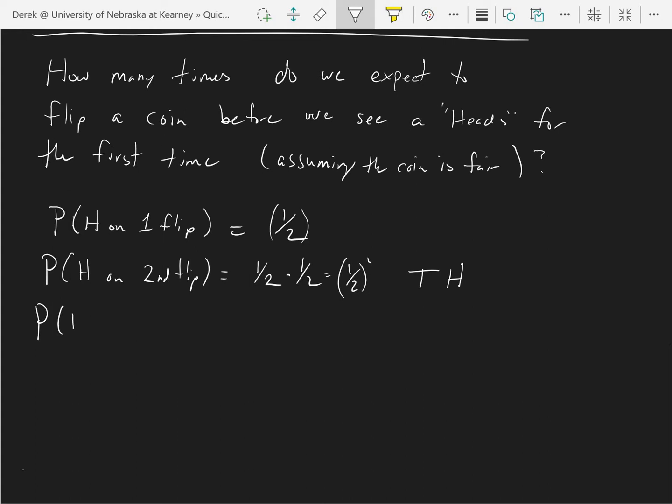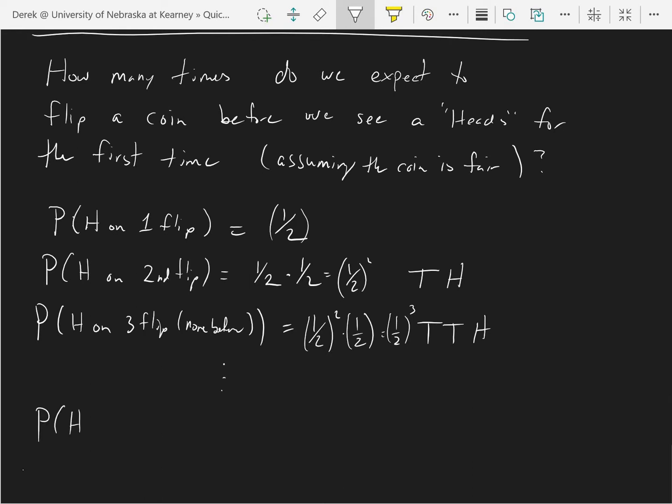Probability of a heads on the third flip, none before it, right? Each of these is the first time we see a heads. I have to go tails, tails, and then heads, and so I have 1/2 squared for the tails, and then 1/2 for the heads, which would be 1/2 cubed, and so on.